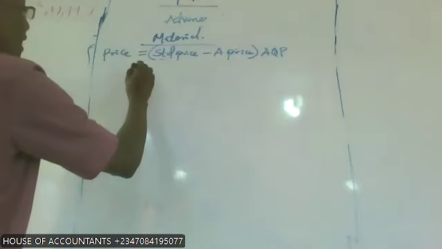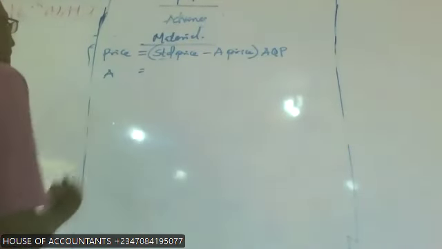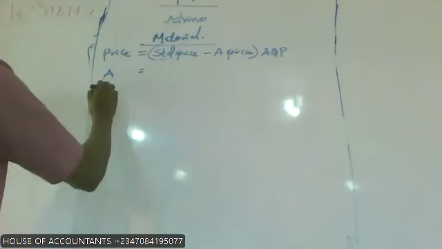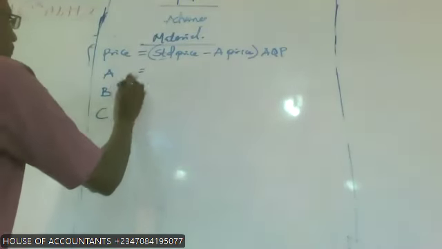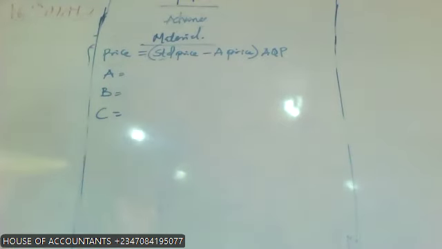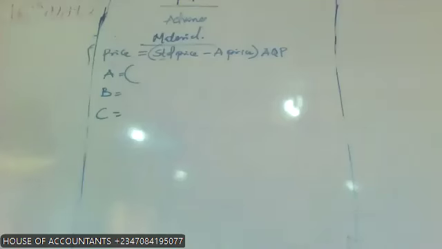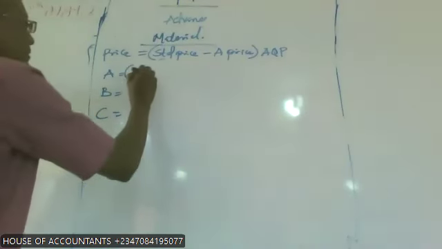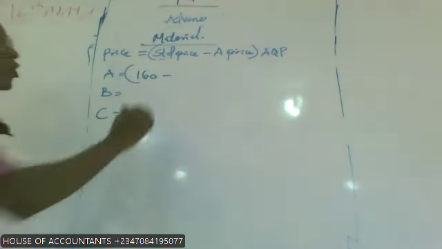In this regard we have A material, B material, and C material. For A material, what's our standard price? 160. What is the actual? 165.